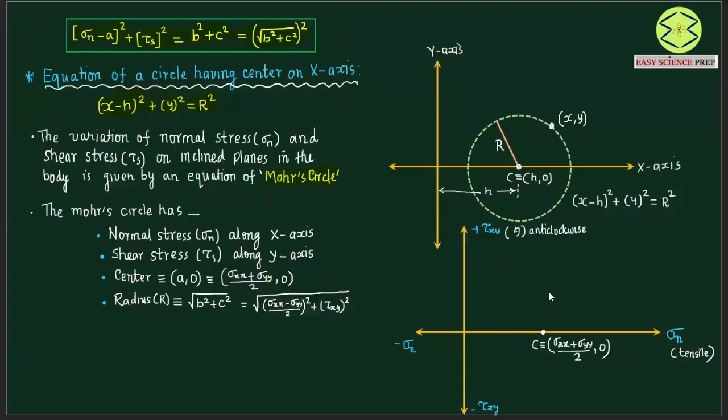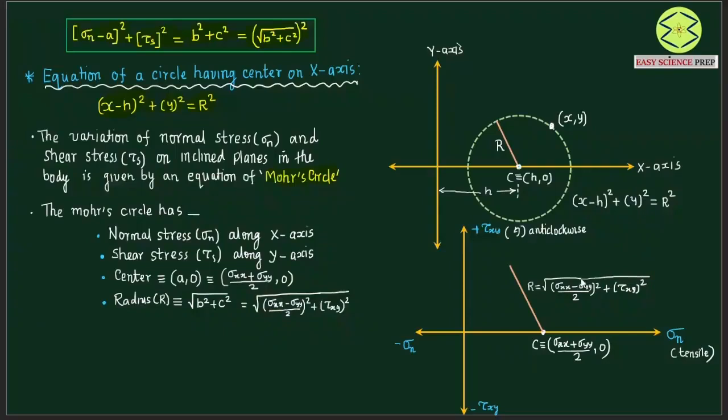The value of the radius r is going to be, as we have done, the square root of sigma xx minus sigma yy by 2 the whole square plus tau xy the whole square.